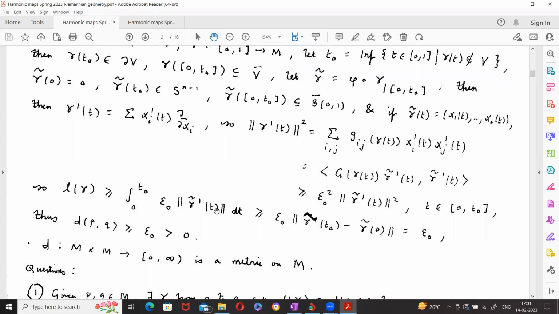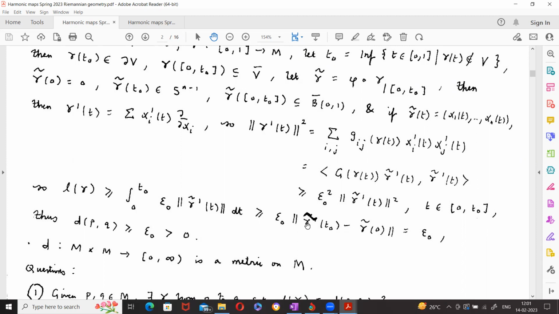And now for the Euclidean norm, by the triangle inequality for integrals, this is going to be greater than or equal to epsilon naught times the norm of the integral of gamma tilde prime from 0 to t naught. And that, by the fundamental theorem of calculus, is gamma tilde(t naught) minus gamma tilde(0).